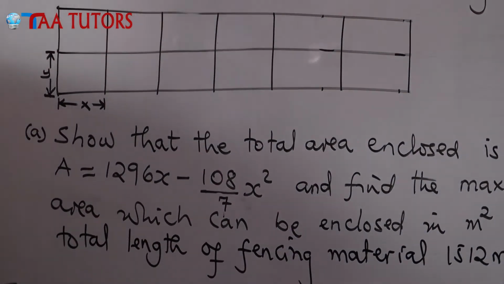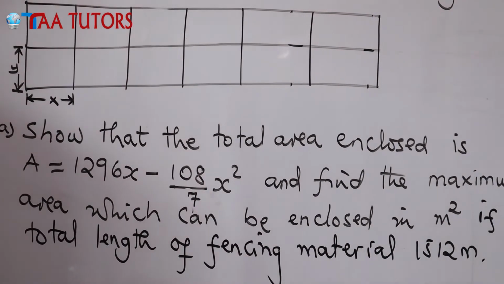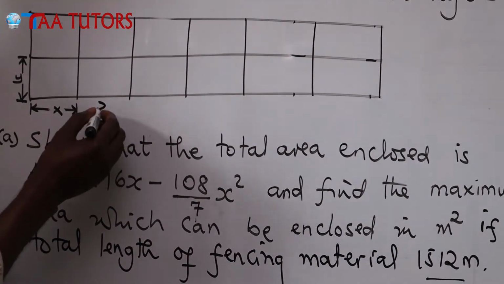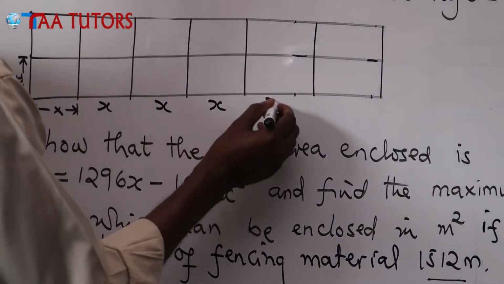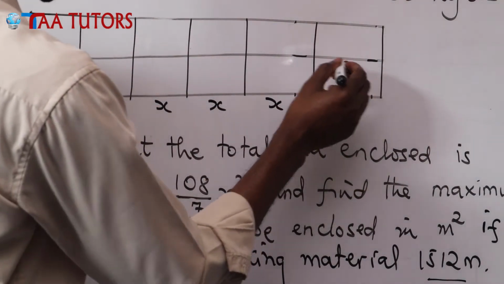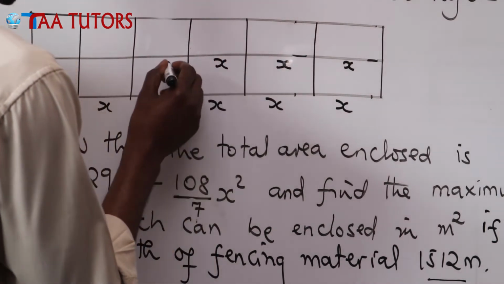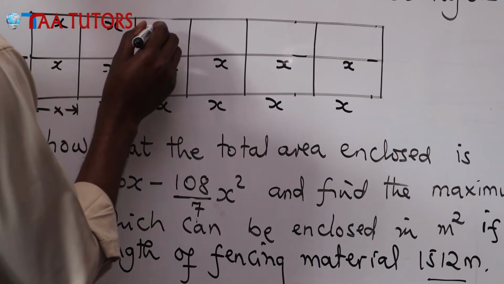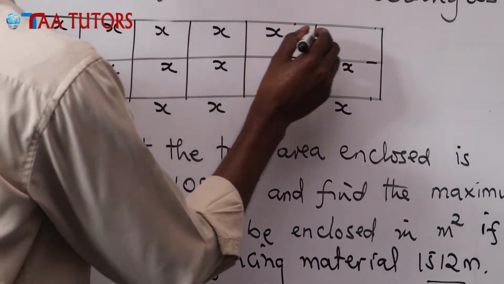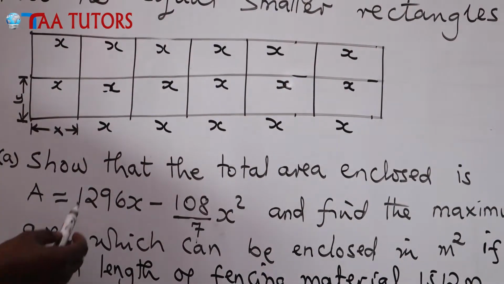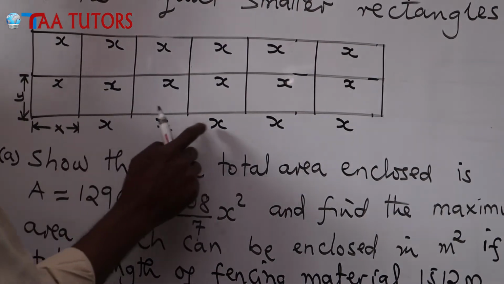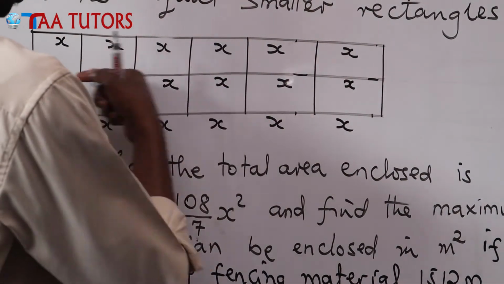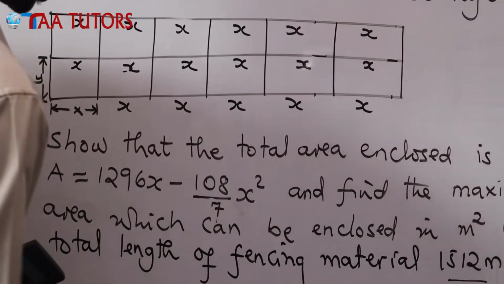So let us start by showing that. If we need the total of this length, we know x is here, this is x, another x, and there's another x here. So how many x's do we have? We have 1, 2, 3, 4, 5, 6 times 3, because there's this one, this and that. So it means we have 18 x's.